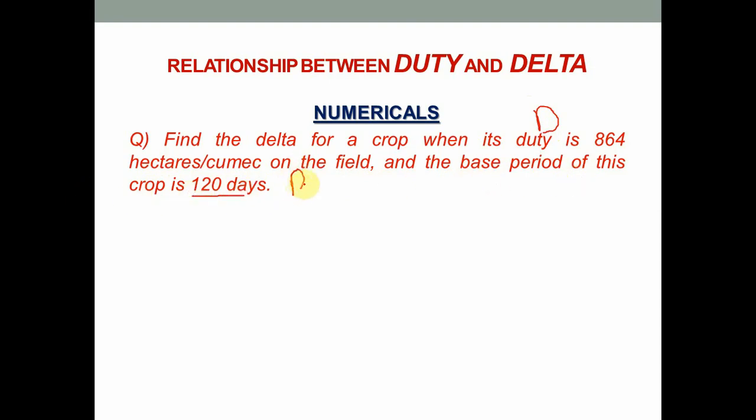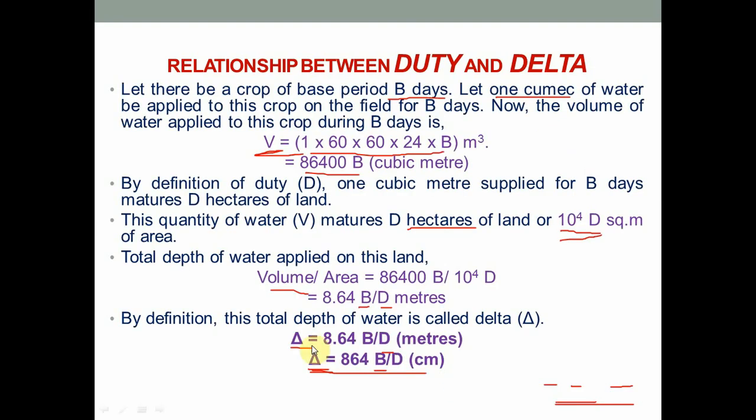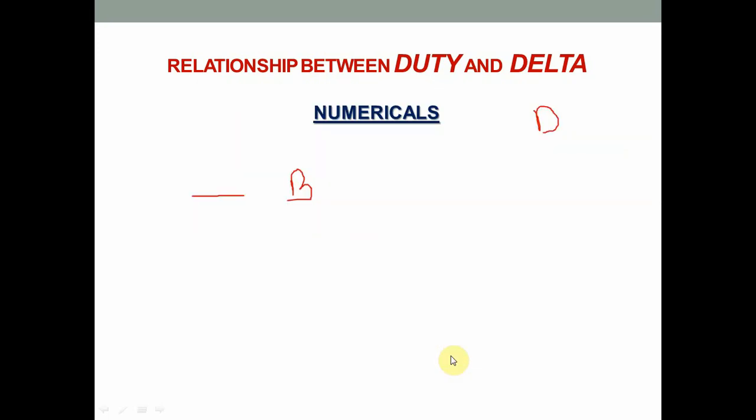Base period is nothing but capital B, as we know. So we'll solve the problem. If you remember, the formula is delta equal to 8.64 B by D in meters, and delta equal to 864 B by D in centimeters. Now we have got B and we have got D. We have to calculate delta.